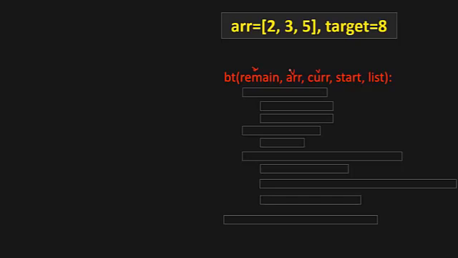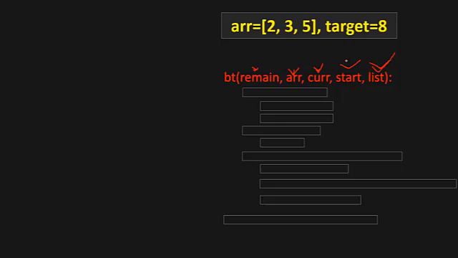By subtracting, if we find remaining equals 0, then we will add the path to our list. Here we have array, which is the given array, then current is the current combination, and start is 0 initially, and list will hold our answer.